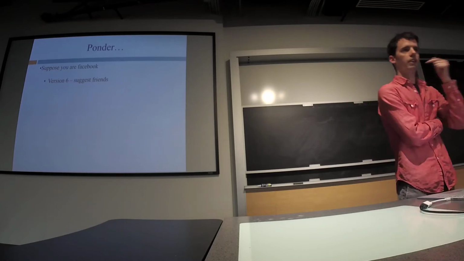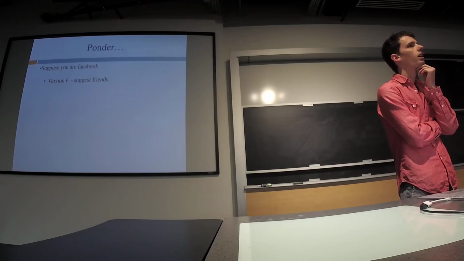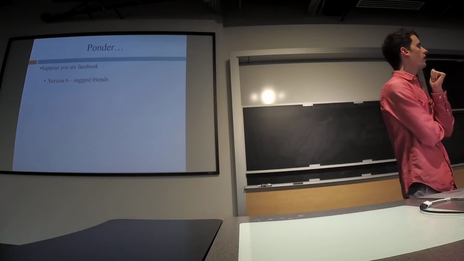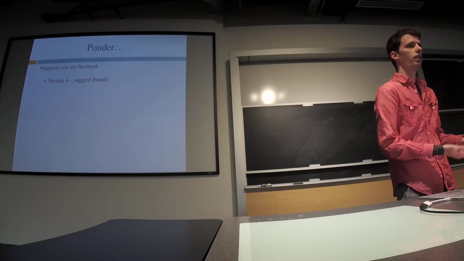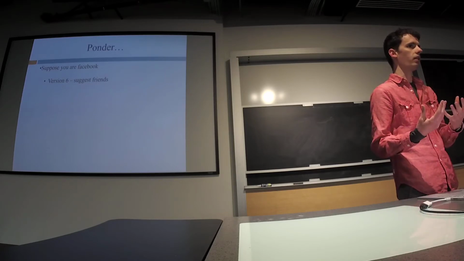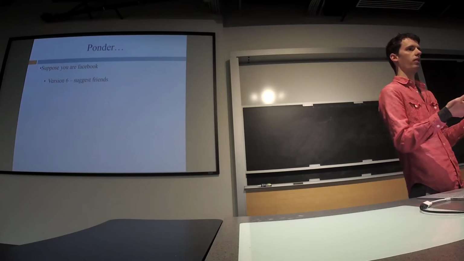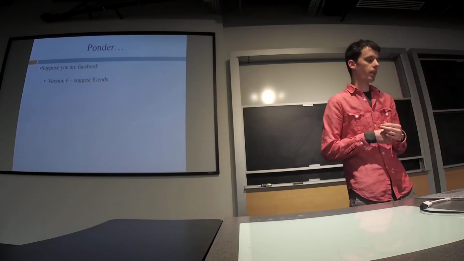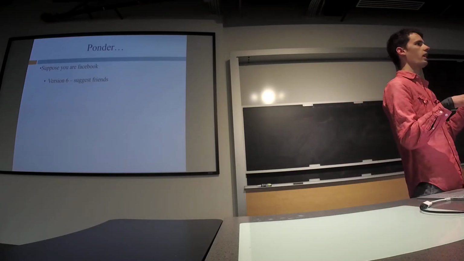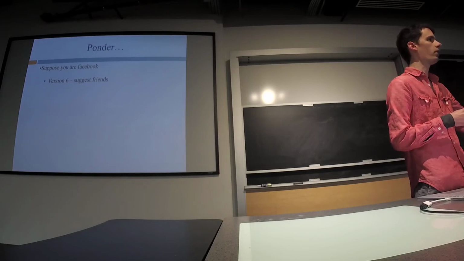Let's think about this one actually. Let's try to imagine the tables in an SQL database that Facebook might have. You have your user, you have probably some table that says friends. So you have a user ID and another user ID saying those two people are friends. The basic algorithm is go find all of your direct friends, and then go find all of their direct friends, and maybe even one level further.